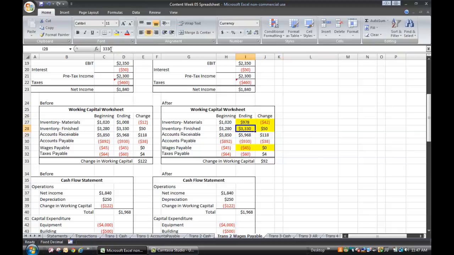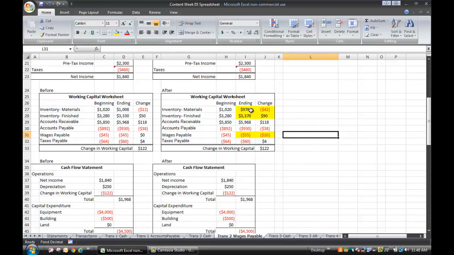Finished inventory increases by 40. But wages payable increases by 10, but that's a liability, so it actually is subtracted. It goes from 45 that we now owe to 55. And this changes to 10 where it was 0 before.